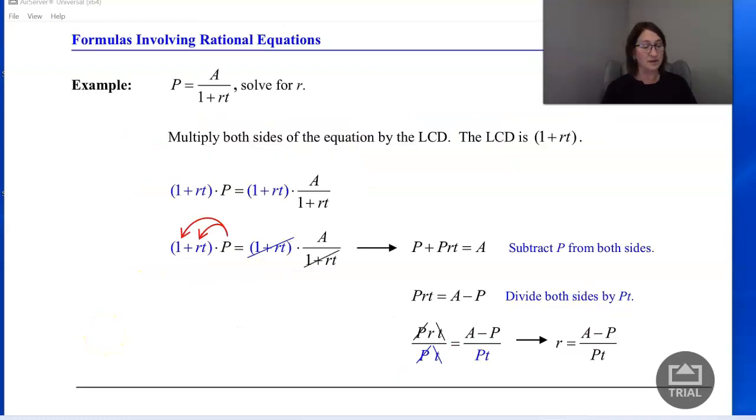Formulas involving rational expressions. Hang on one second. It's going to tell you what you're solving for. So we're solving for R, okay? And so we are going to start this exactly how we've been doing all of these problems. We're going to clear the fractions and then use algebra to solve.